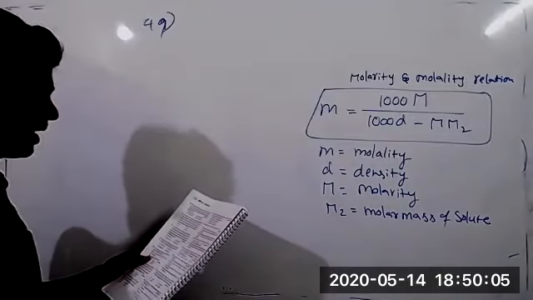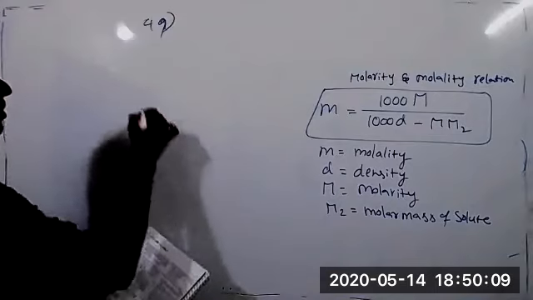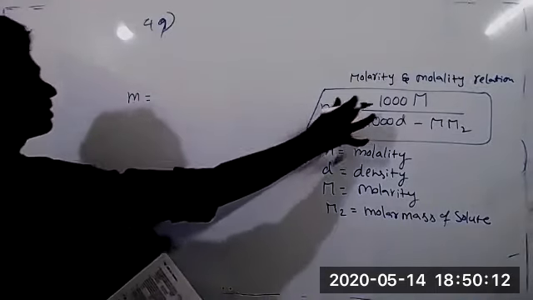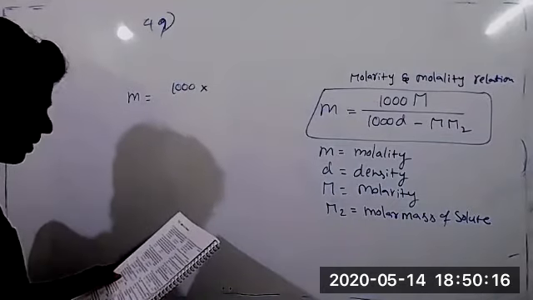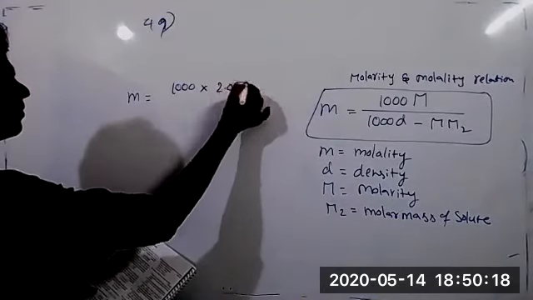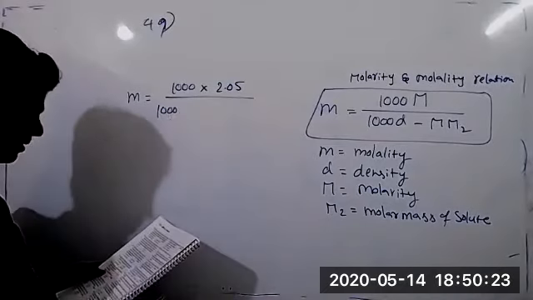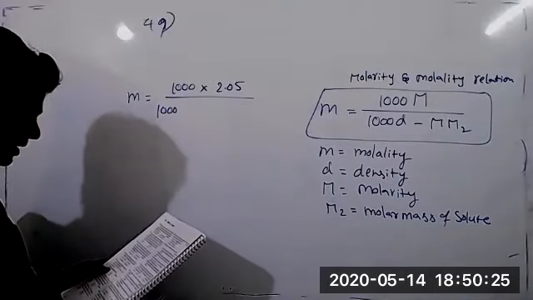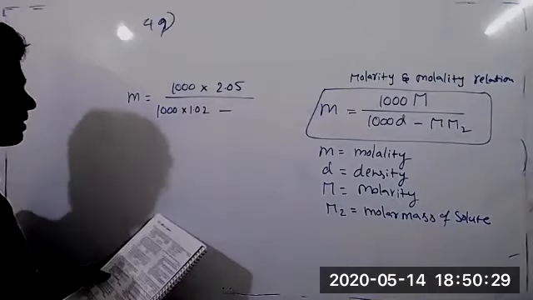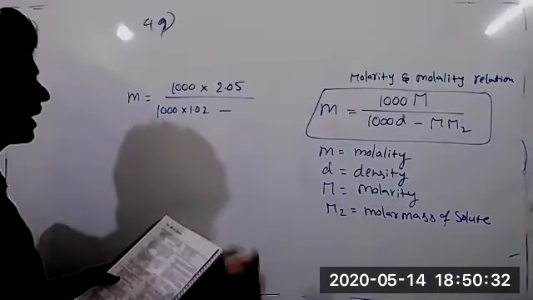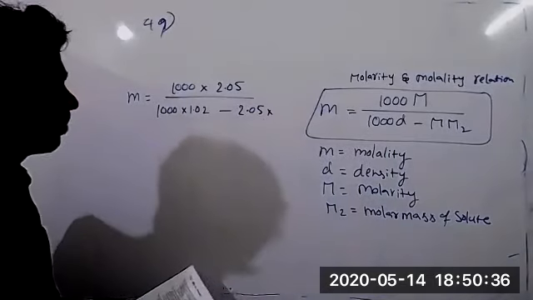Question 49: density of a 2.05 m solution of acetic acid in water is 1.02. Molality m is equal to 1000 into molarity 2.05, divided by 1000 into density 1.02, minus molarity again 2.05, into m2, the molar mass of solute.